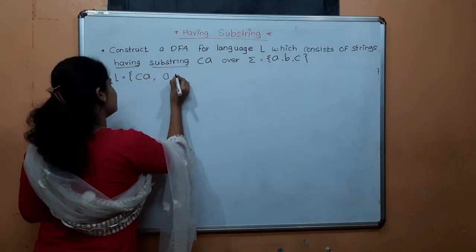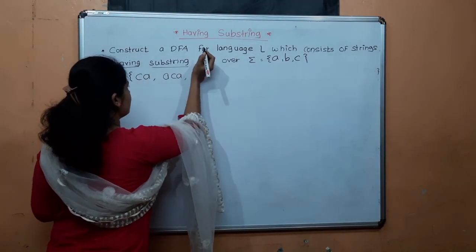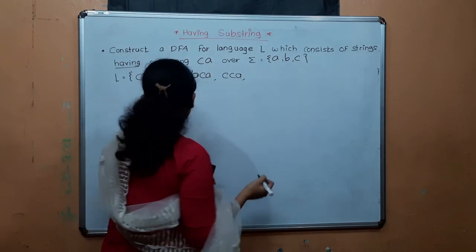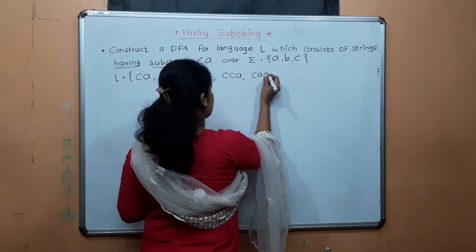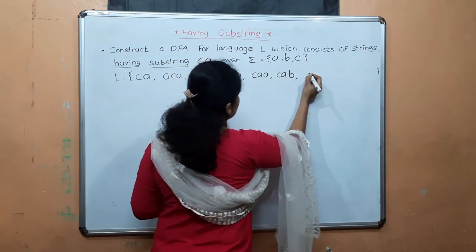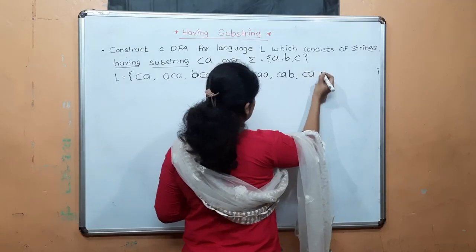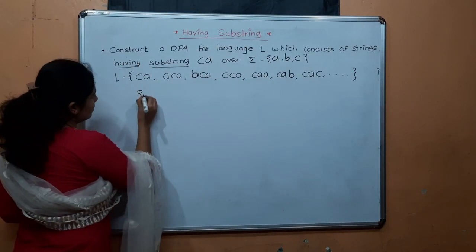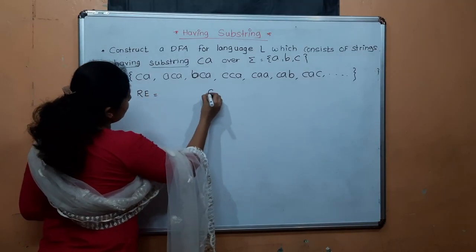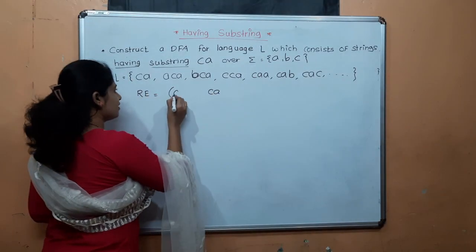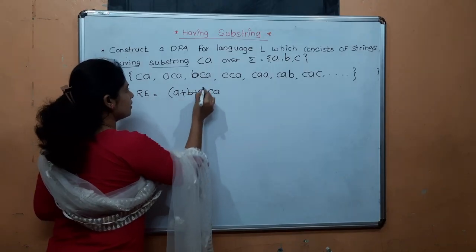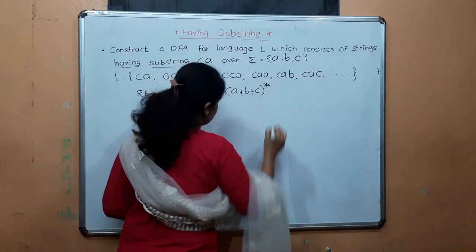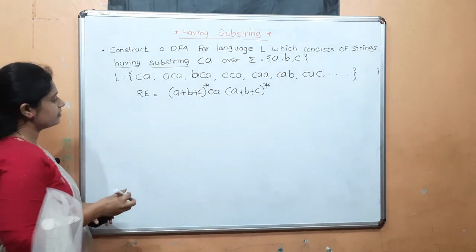It can start with either A, B, or C. Okay, it can end with either A or B or C and so on. Okay, now write down the regular expression. Having substring CA, it can start with either A or B or C. Okay, now draw the transition diagram.